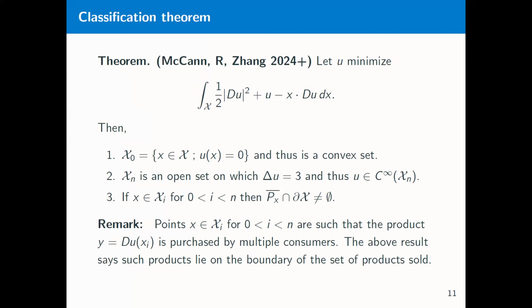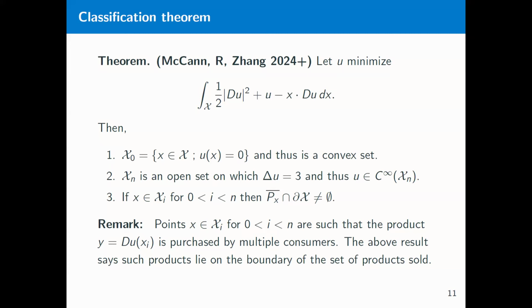First, X0, the set where your function is flat, is just the set where u is equal to 0. That says there are no other portions of your function where it's affine on an open set and positive. So the only region where a positive measure set of consumers buy the same product is when they're buying no product.